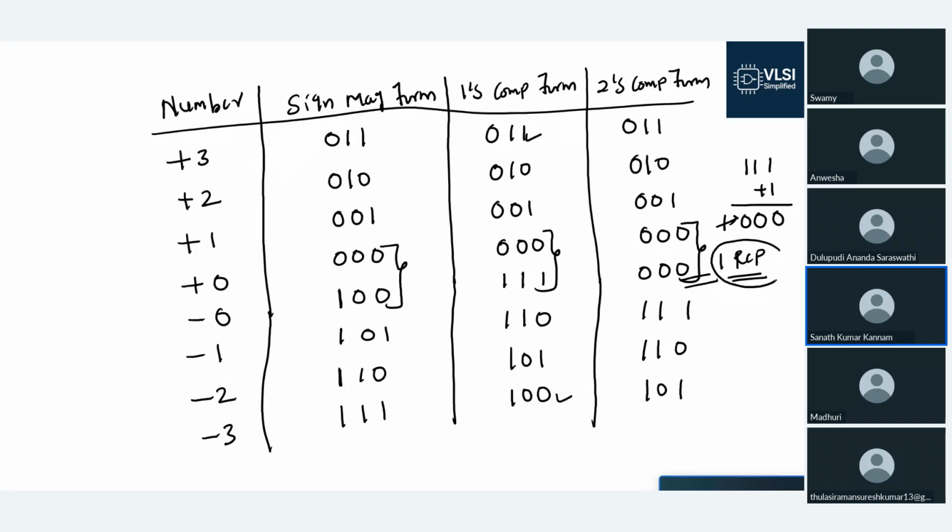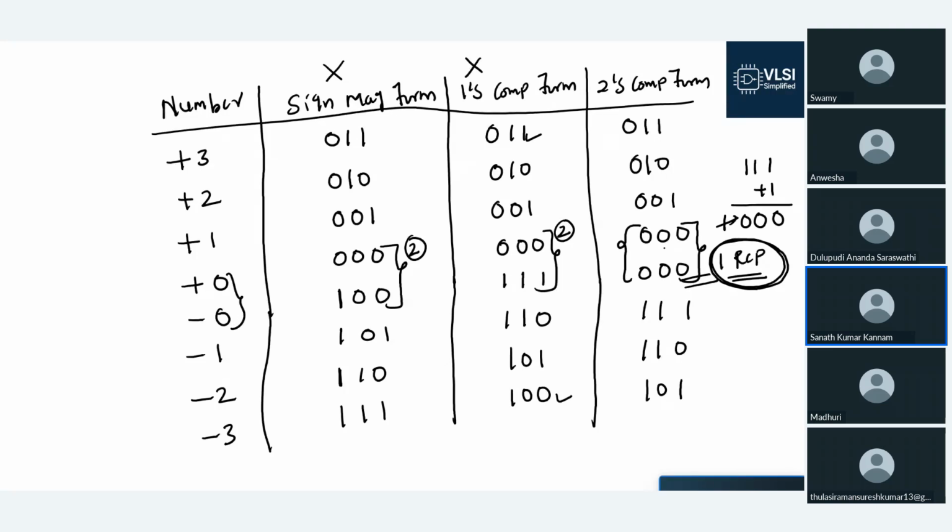That's why in computers or in the Verilog language, whatever number you give, whether binary, decimal, octal or hexadecimal, the compiler will convert that number into a binary value. If you give a negative number, the compiler will not convert it into sign magnitude or 1's complement form, because there are 2 representations, so the compiler can't decide which value to use for plus 0 and minus 0.